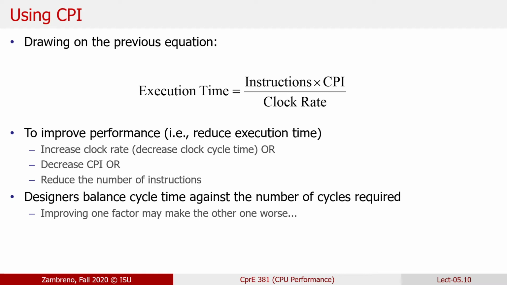So for any given design decision in isolation, because you're balancing one of these factors typically against another, it's not that easy to say that, yes, making this design decision will improve performance overall. We can reason about it, we can estimate it, we tend to have to measure it at the end of the day to know for certain that this design decision is a good one or not.